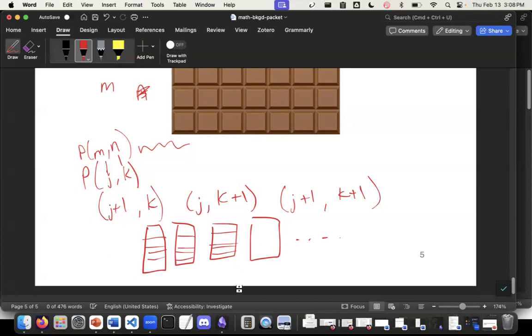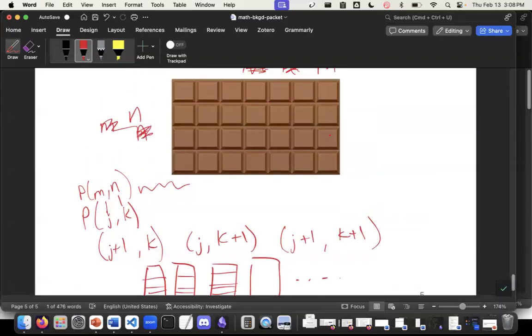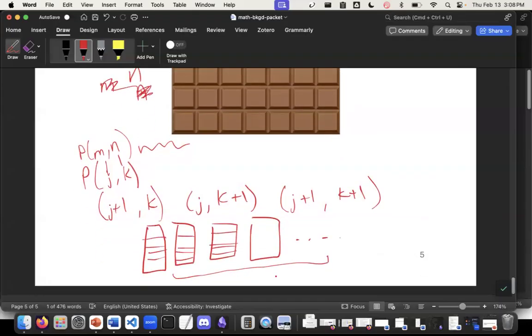To break it into these columns took me, let's see, I want this to be N, and I want this to be M. So to break it into columns, I had to do 6, which in general terms, in terms of M, is M minus 1.